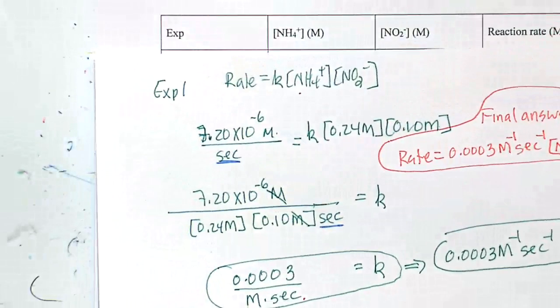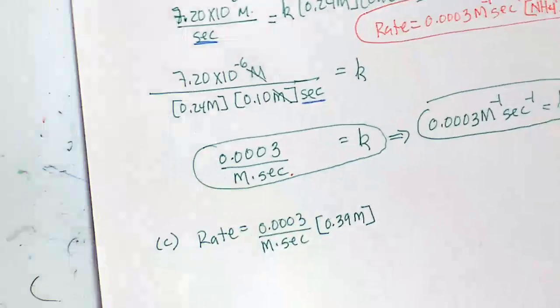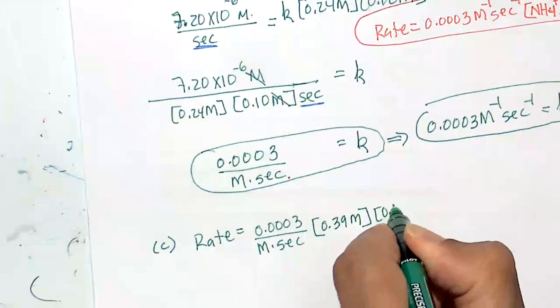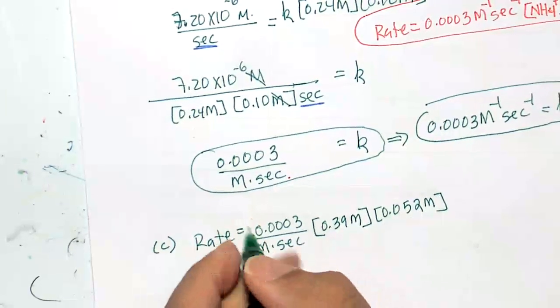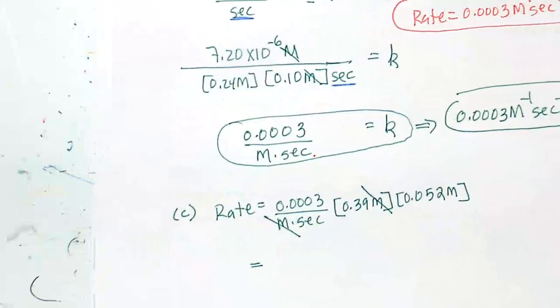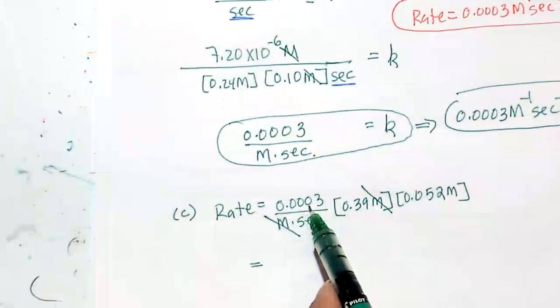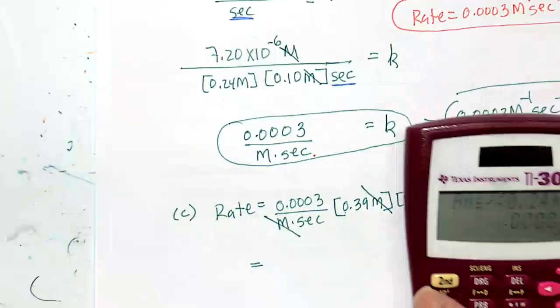And what's the concentration of NO2 minus in this problem? 0.052 raised to the first power. So this M in the denominator cancels out with this M in the numerator. So what's 0.0003 times 0.39 times 0.052? This will be our answer.